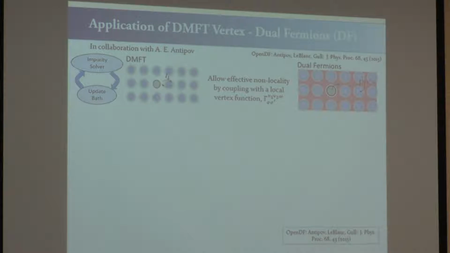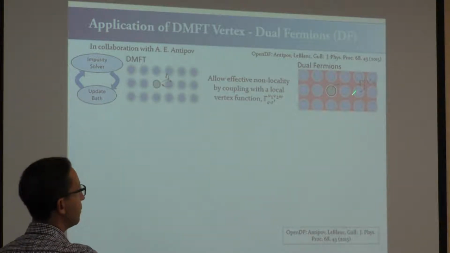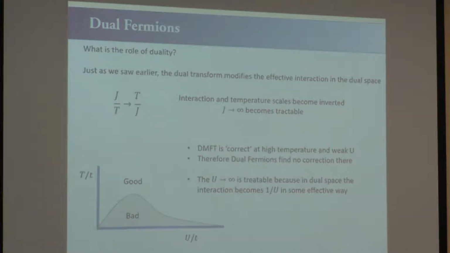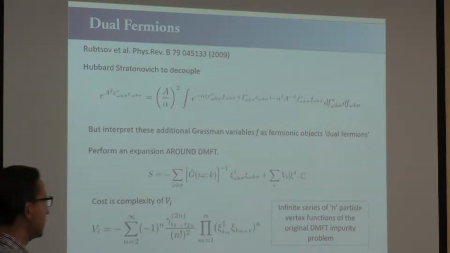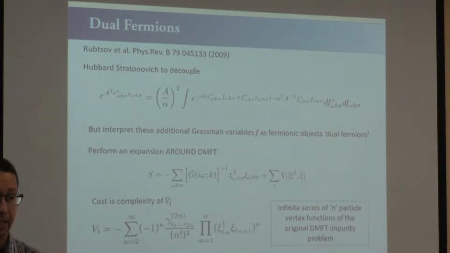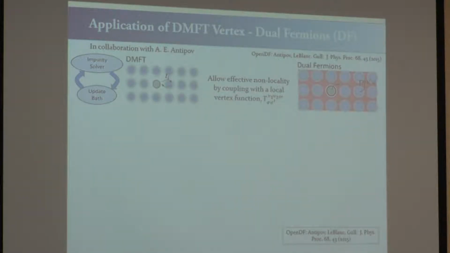And every time you do that, when you hop on or off, you pay a cost associated with a vertex function, okay, of the original lattice problem, or sorry, the original impurity problem. Okay? And this vertex is some truncation of these vertices. So typically, we truncate it only at the n equals 2 case. So we only include the 4-point vertex, which we symbolize by that gamma function.